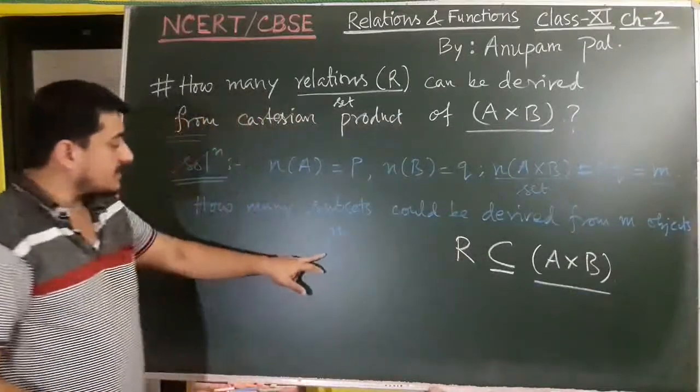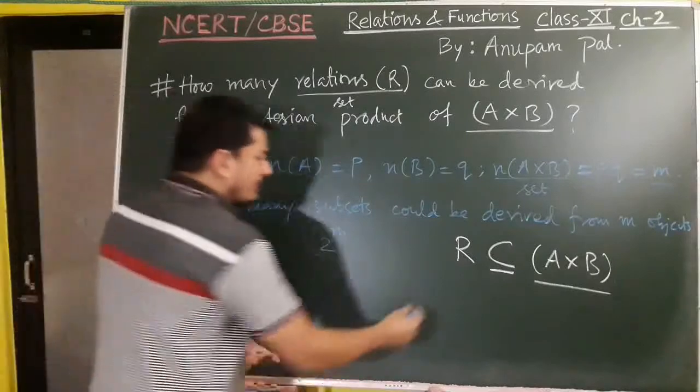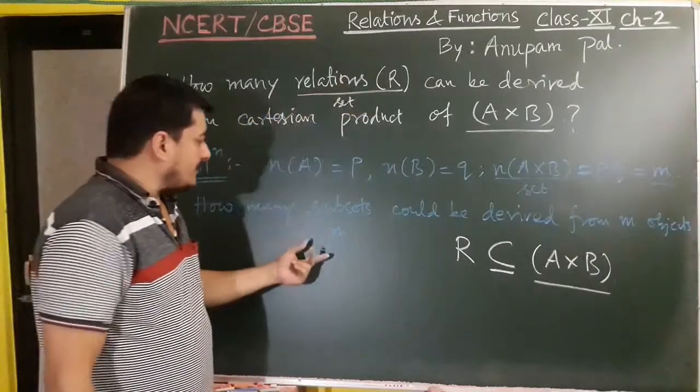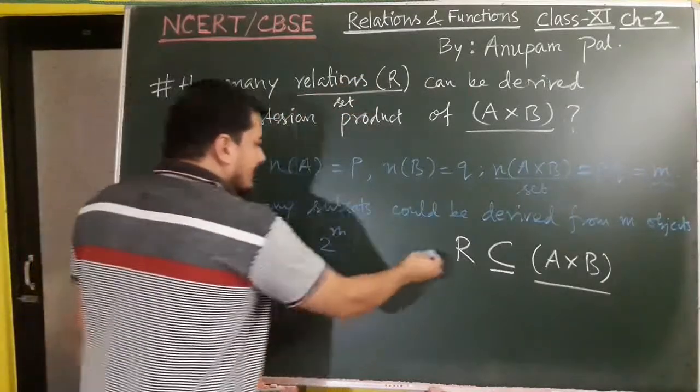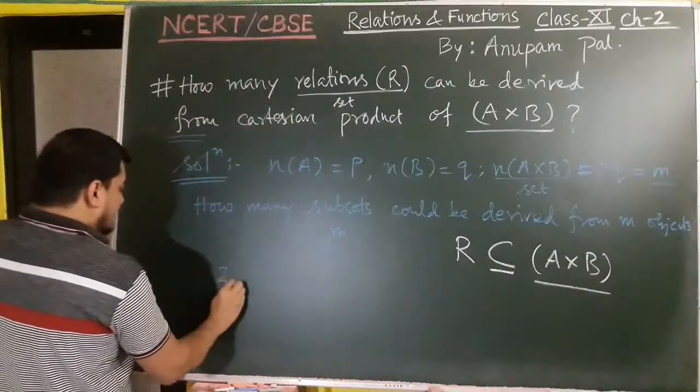You can construct 2 raised to M, or 2 raised to PQ. So how many relations are possible? There are 2 raised to M relations.